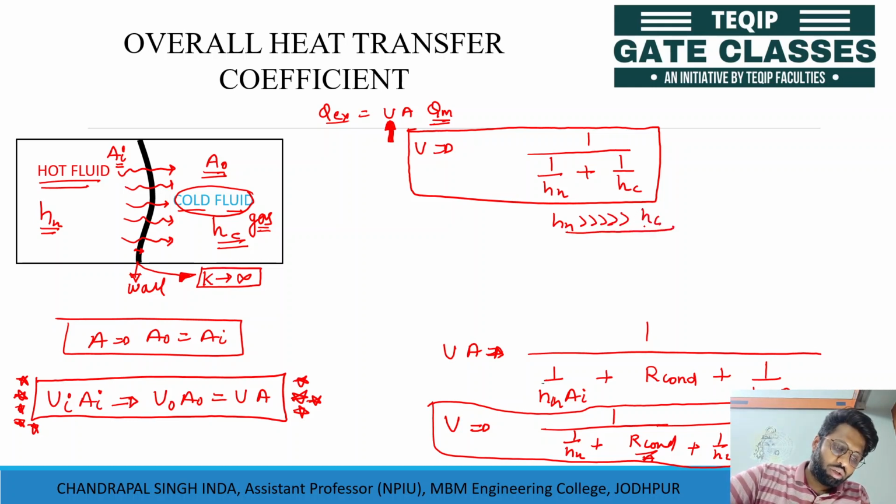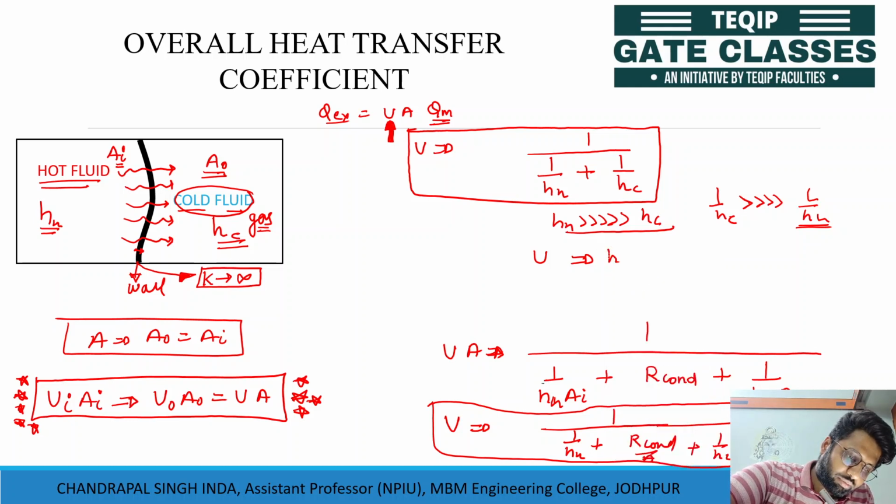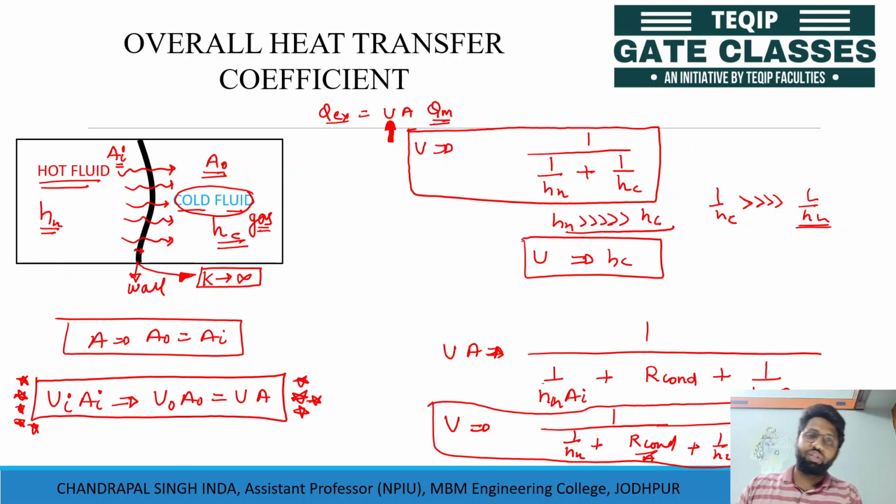So 1 by hc will be way greater than 1 by hh, and UA will be equal to hc. So here we can say that the overall heat transfer coefficient is governed by the lesser convective heat transfer coefficient.